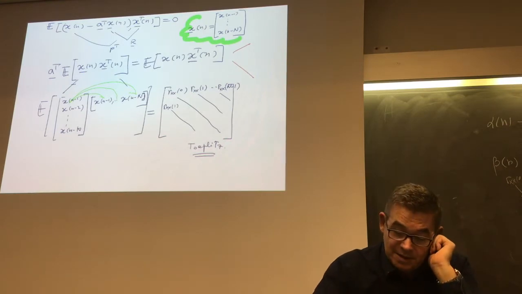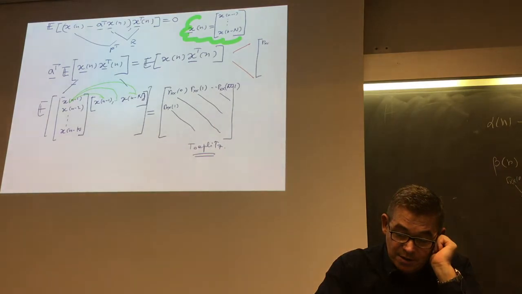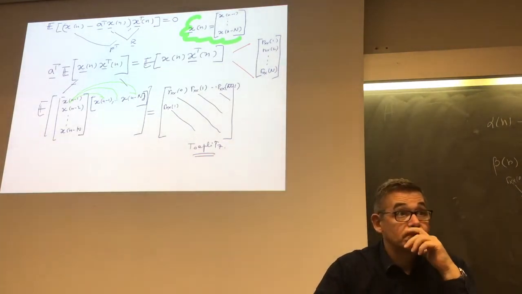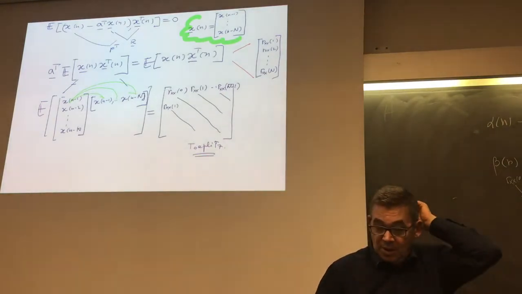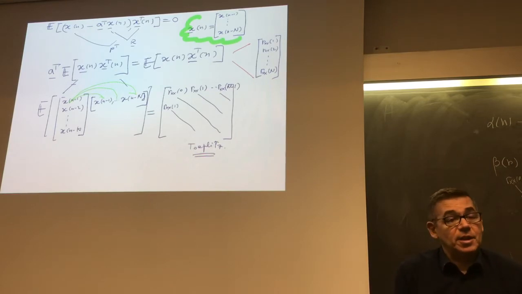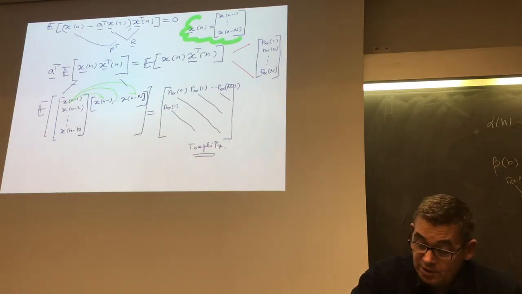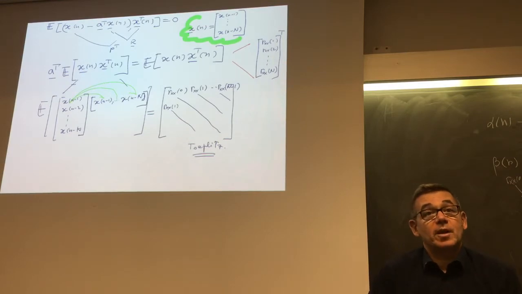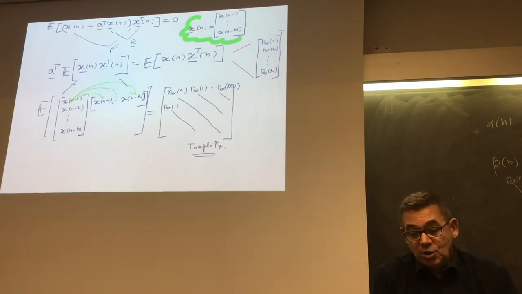So that means that this vector is Rxx1, Rxx2, up to RxxN. It's not a column, it's a transpose. Interesting.